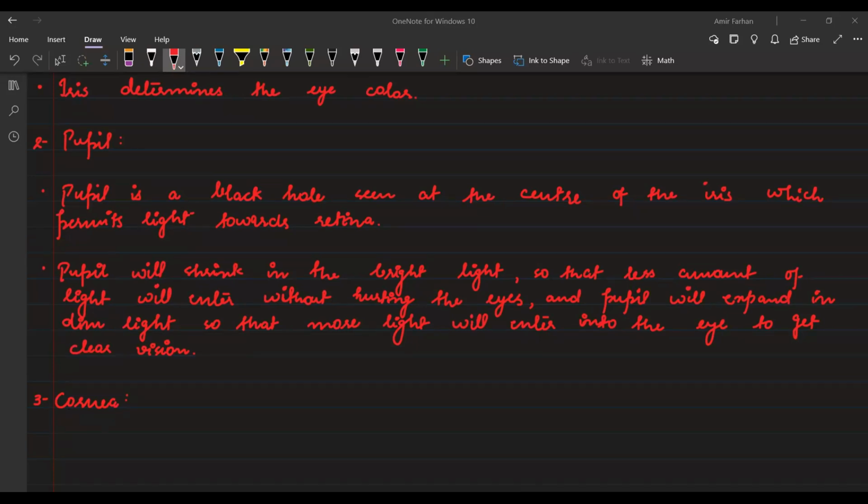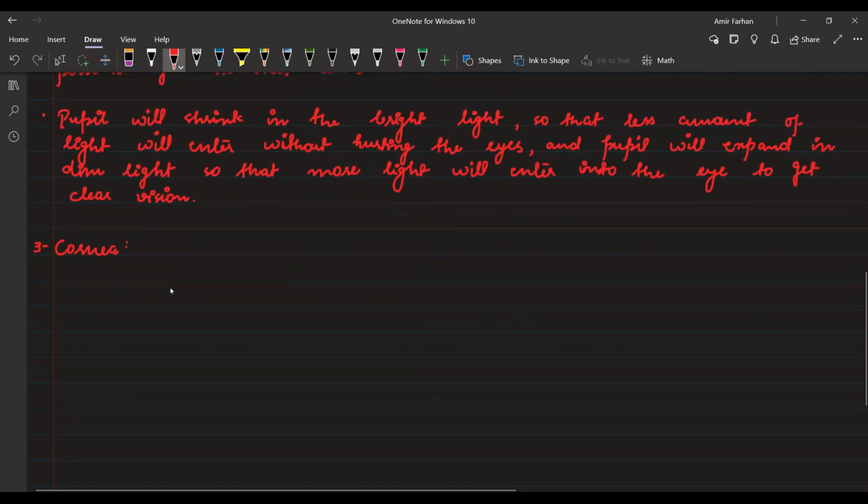You can say the common function of cornea is to protect our eye from the different particles like dust and air. Okay, the air particles, right? And the next major function of the cornea is to refract the light towards the eye lens. Okay, Zainab, clear?